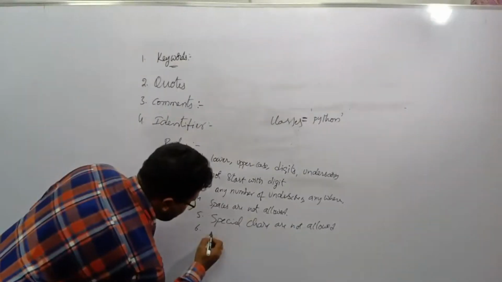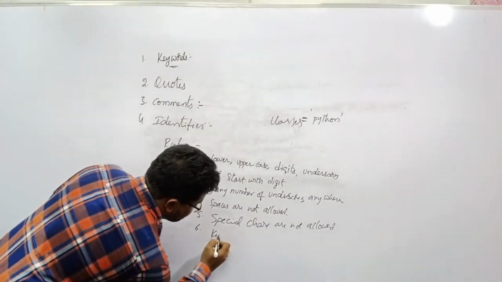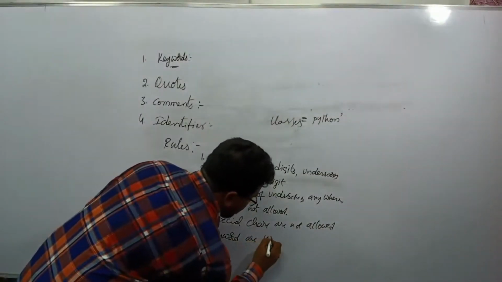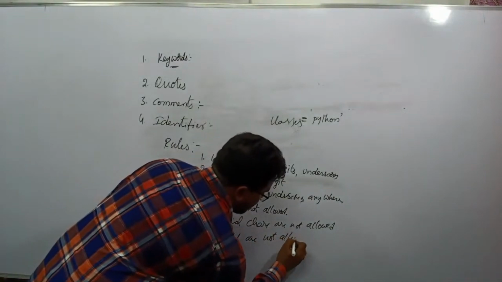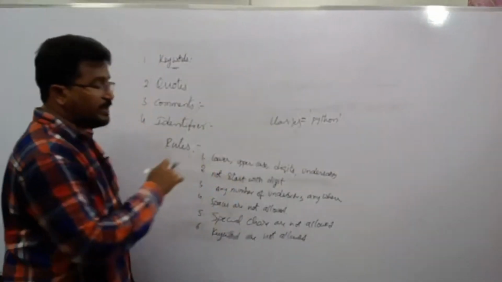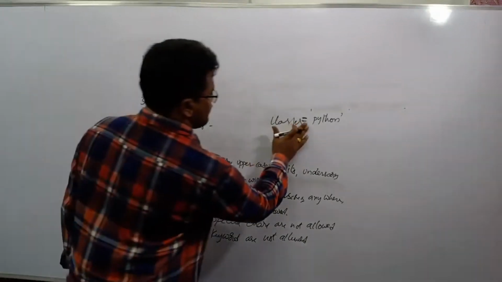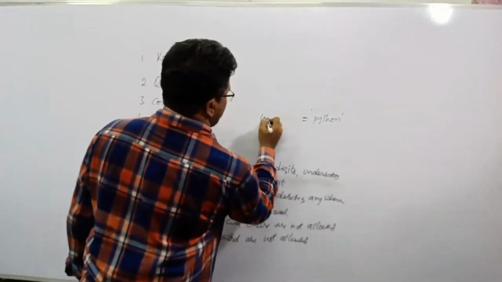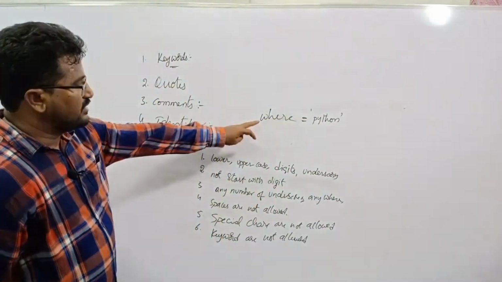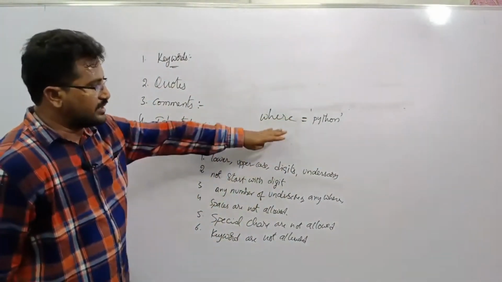So which rule here? Keywords are not allowed as an identifier. Which keywords? Only Python keywords are not allowed. Suppose let's take where. Where is not in Python; where may be in SQL but not in Python.